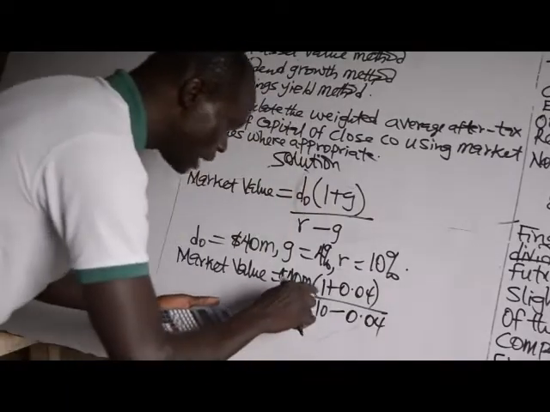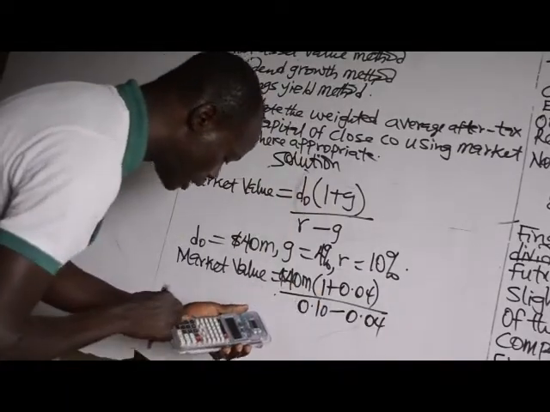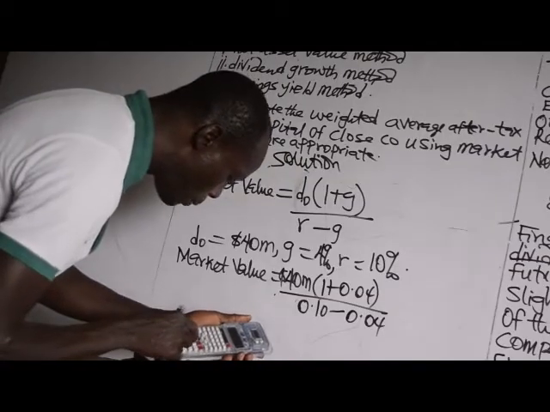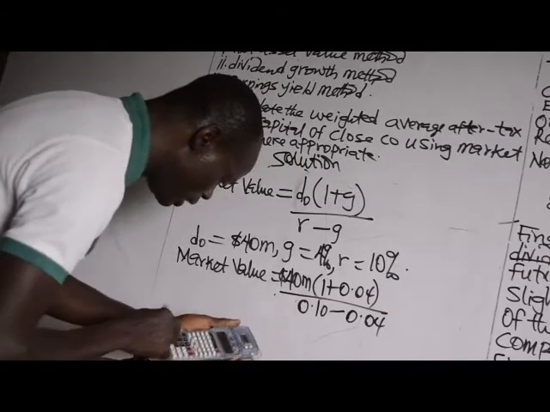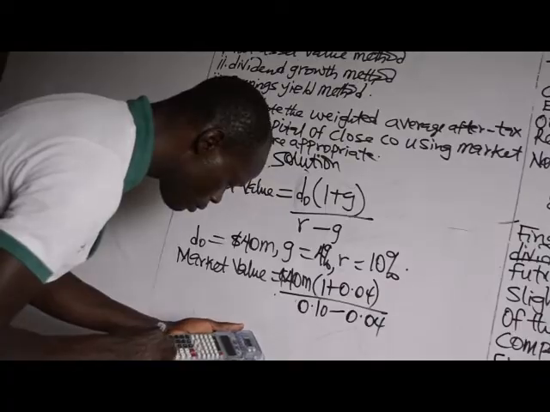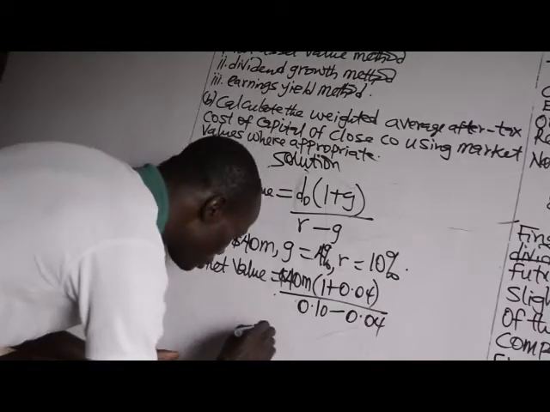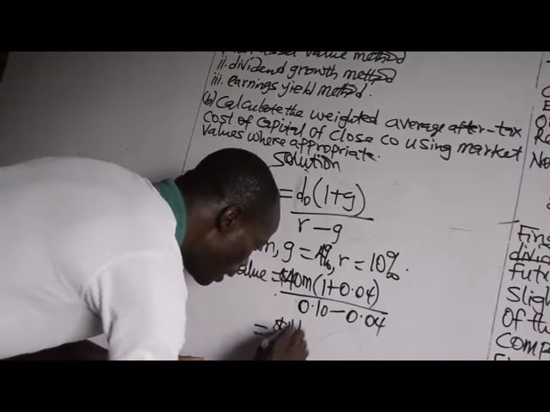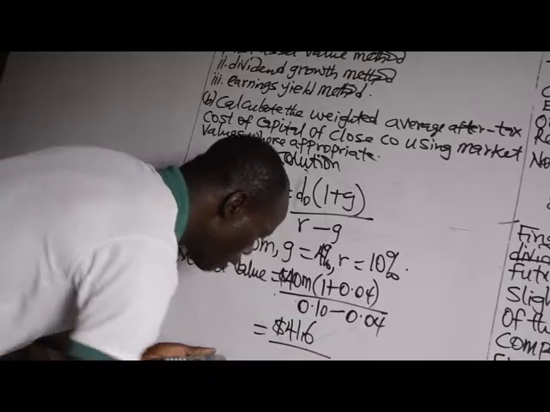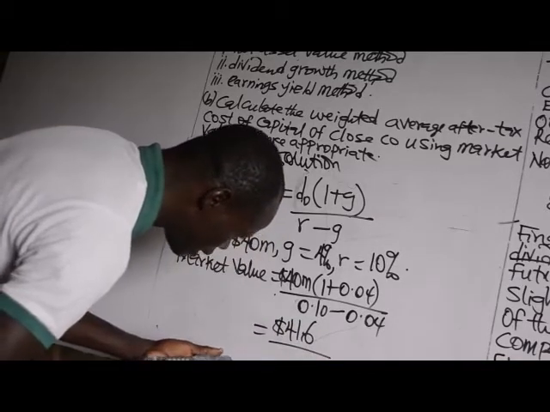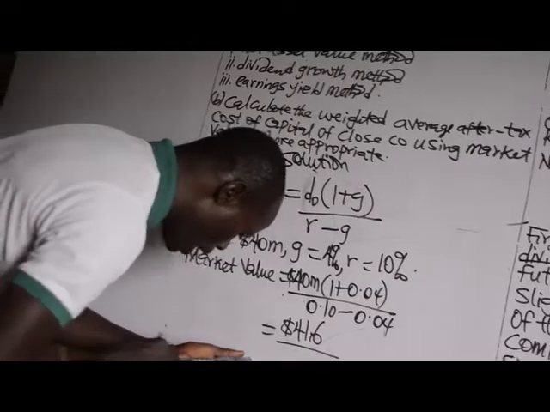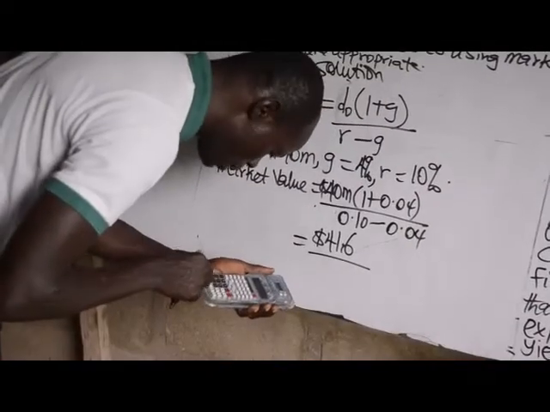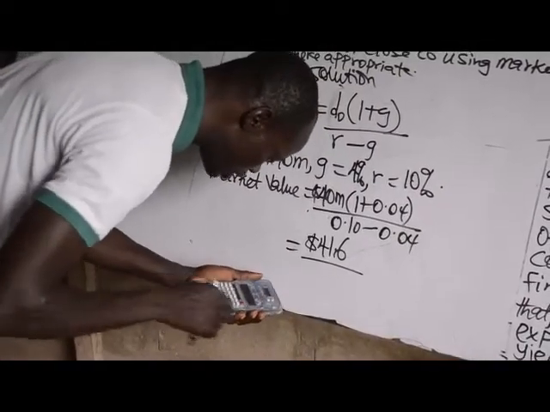By the time you add 1 plus 0.04, you have 1.04. 1.04 times 40 million will be 41.6 million, over 0.1 minus 0.04, which gives us 0.06.